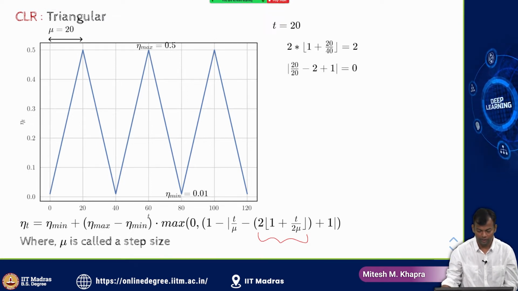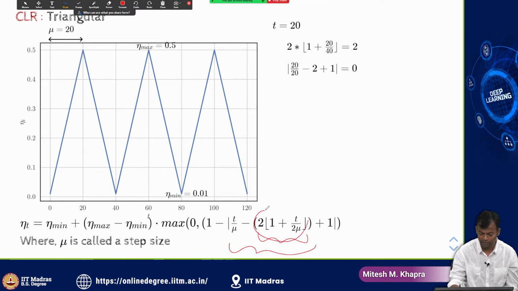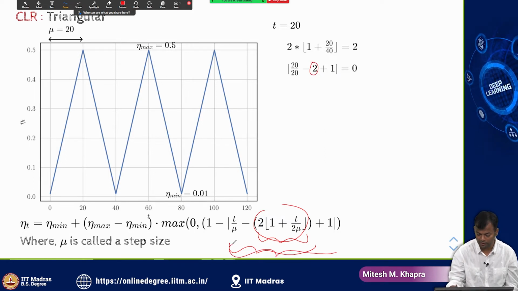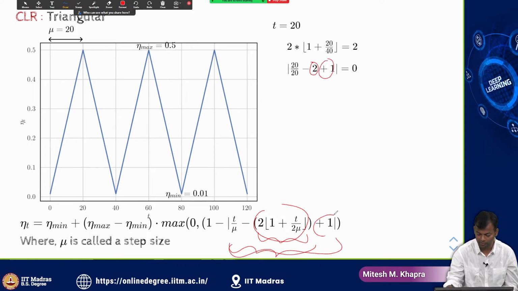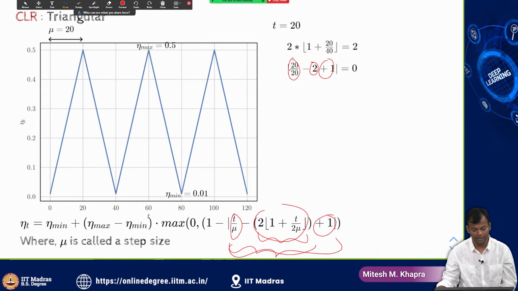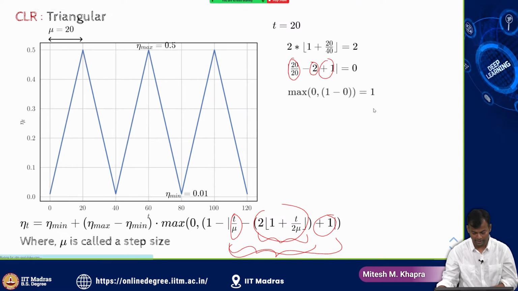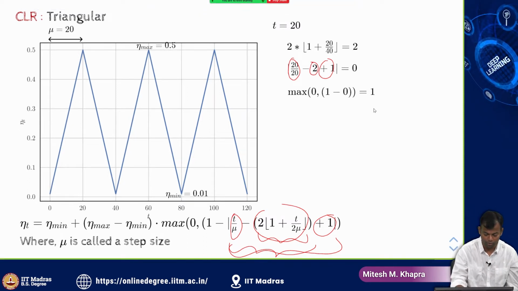And now I'm looking at this quantity. I'd already computed everything inside the bracket, which came out to be 2. Then this plus 1 from here, and this t by mu, which is 20 by 20. So that quantity comes out to 0 in this case. Then I'm going to look at max of 0.